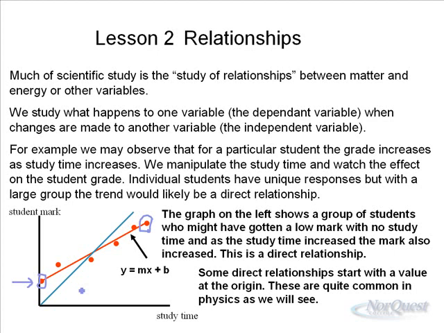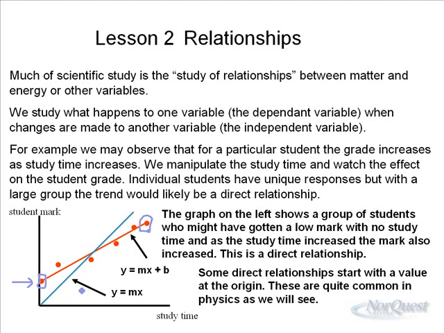You might even get a zero had you not had any knowledge of the concept at all. So the formula for this particular relationship would be y is equal to mx, because there is no value of b. You'll see these mathematical relationships in a lot of your physics equations as well.